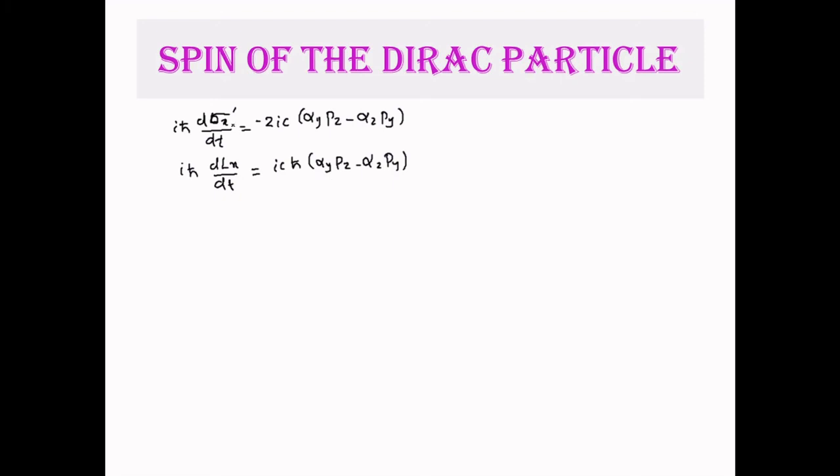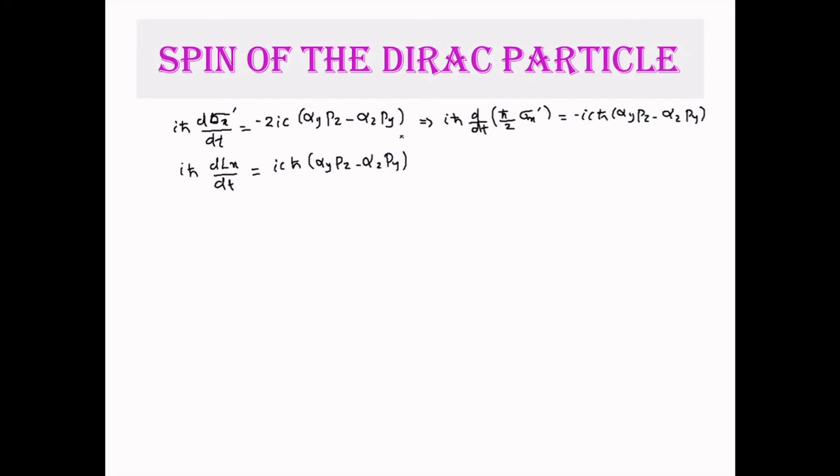Now we are looking for a conserved quantity, and for getting a conserved quantity, when you take the sum of these two equations, the right hand side should be 0. For that, you have to modify this equation. Here the term is icħ, and a 2 is there, so you have to divide the whole equation by 2 and also multiply it by ħ. So you will get iħ d/dt of (ħ/2 σx'), and the right side will become minus icħ (αy pz minus αz py).